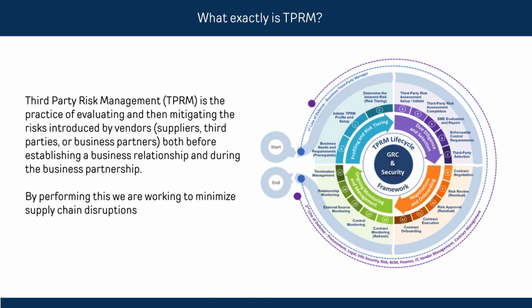So what exactly is third-party risk management, or TPRM? Usually this is called many different names, like I mentioned. Basically suppliers, third parties, business partners, contractors, consultants, etc. People that don't really fit into the organization that you bring in to do specific tasks or work, or if you're buying a product or service from another company, like a VAR or vendor reseller, and they would be part of that organization.